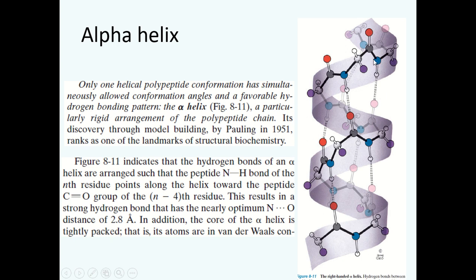So the polypeptide backbone is going to form a helical structure. When such a hydrogen bond is formed between every first and fourth amino acid, this structure is called the alpha helix.